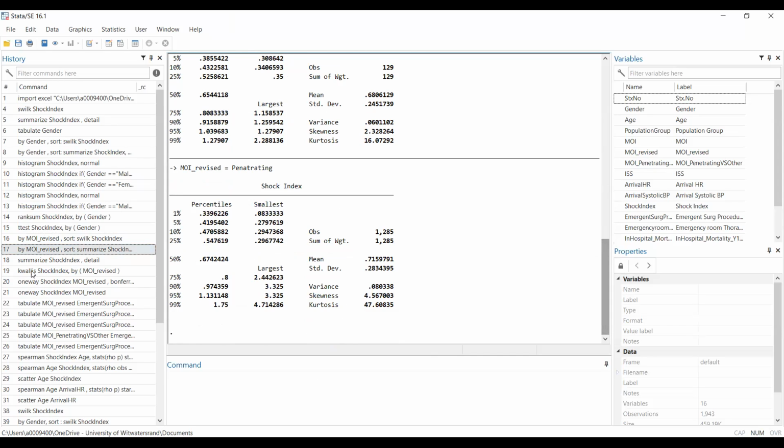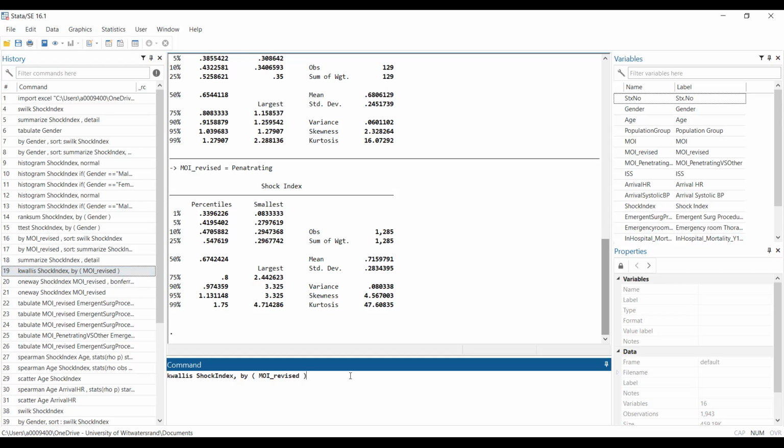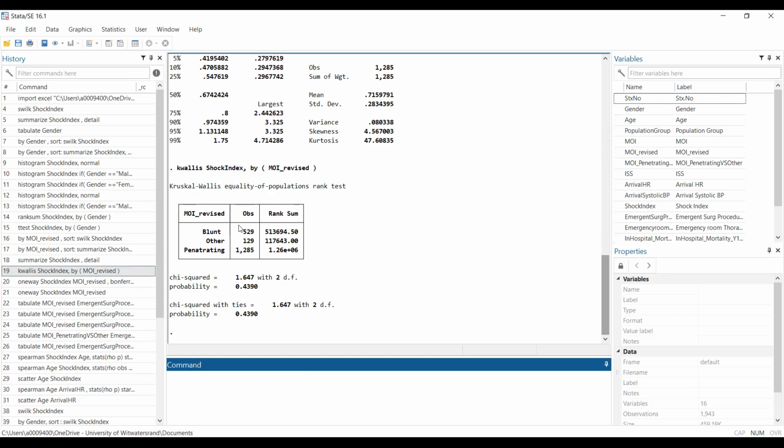As we said, we need the non-parametric Kruskal-Wallis test, which is this command by mechanism of injury. You can see this is just all the rank sum information of the test, which you needn't bother yourself with. What we want to know is the p-value, and here it is, 0.44.